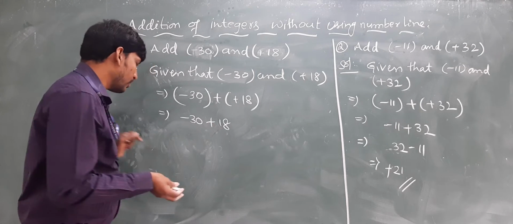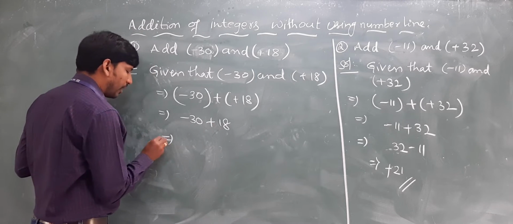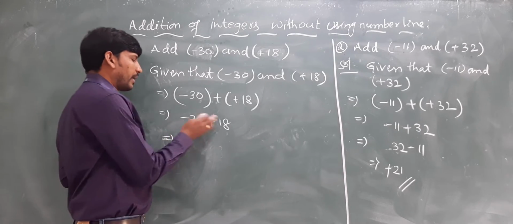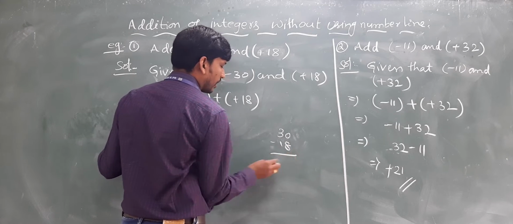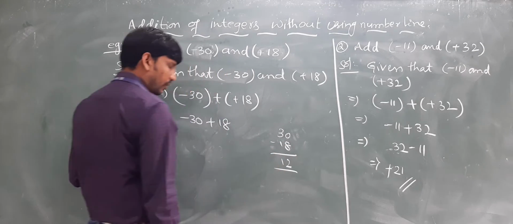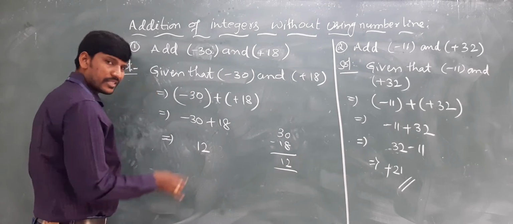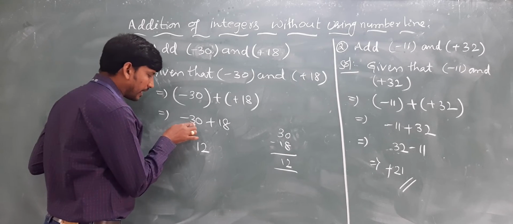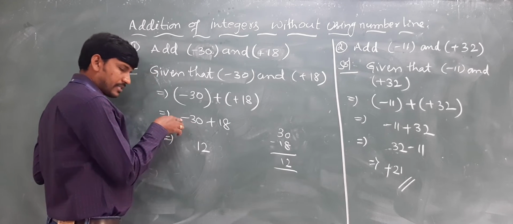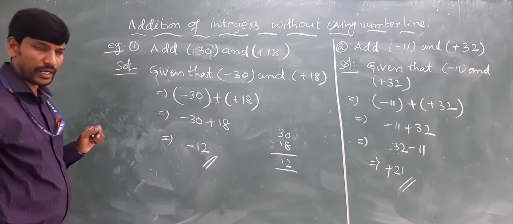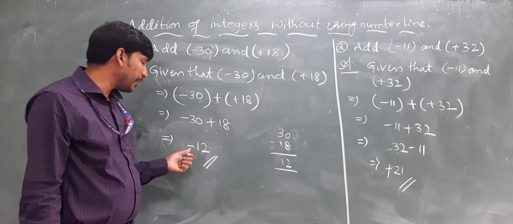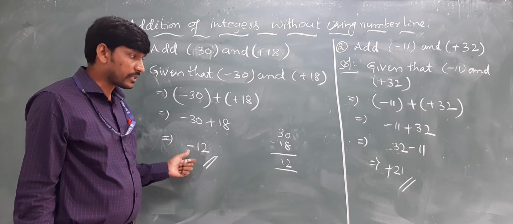Subtract. Okay. Now generally how to do subtraction? Big value minus small value. 30 minus 18 is equal to 12. So I am going to write 12 as the answer. Is it correct? Wrong. Because 30 is the big number and it has a negative sign, the answer will be negative. Is it clear, everyone? Keep it in mind while keeping the sign here.